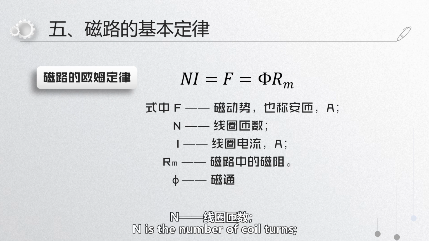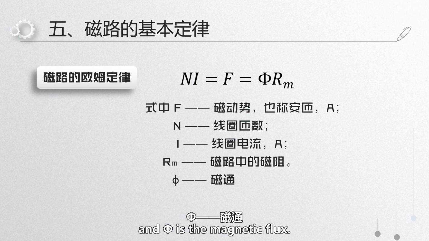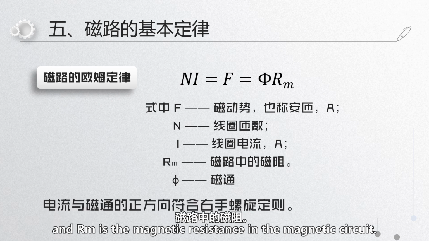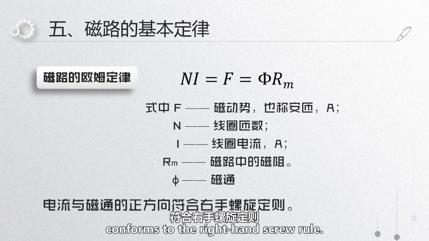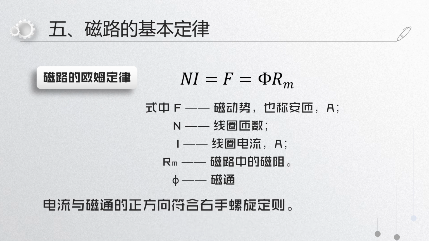N is the number of coil turns. I is the coil current, and phi is the magnetic flux. And R sub m is the magnetic resistance in the magnetic circuit. The positive direction of the current and the magnetic flux conforms to the right-hand screw rule.